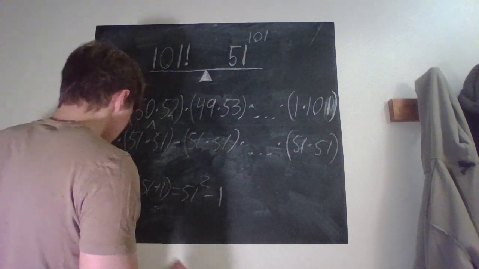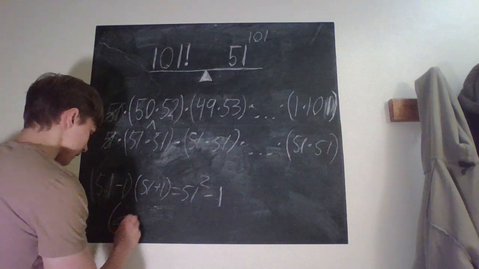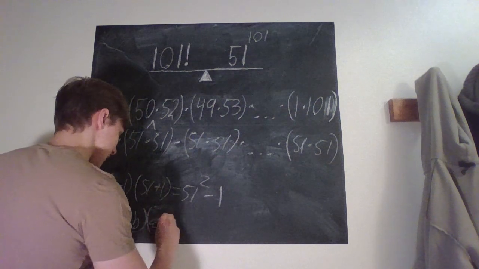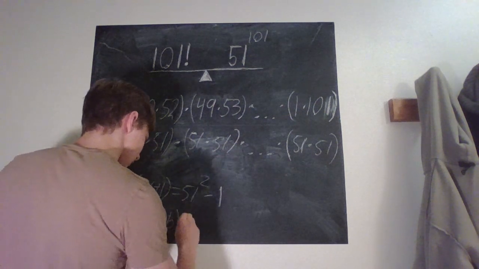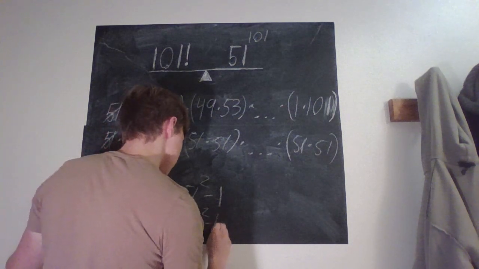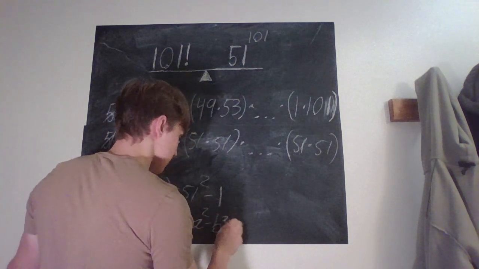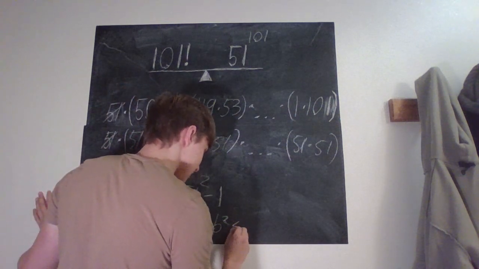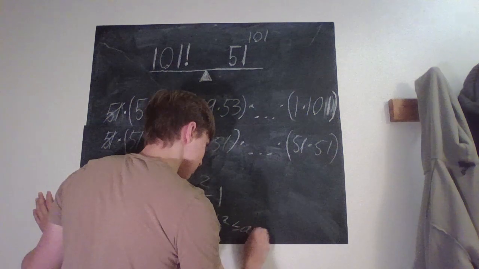And we know that a plus b times a minus b is equal to a squared minus b squared. And since b squared is always greater than or equal to 0, we can say that this is always smaller than or equal to a squared.